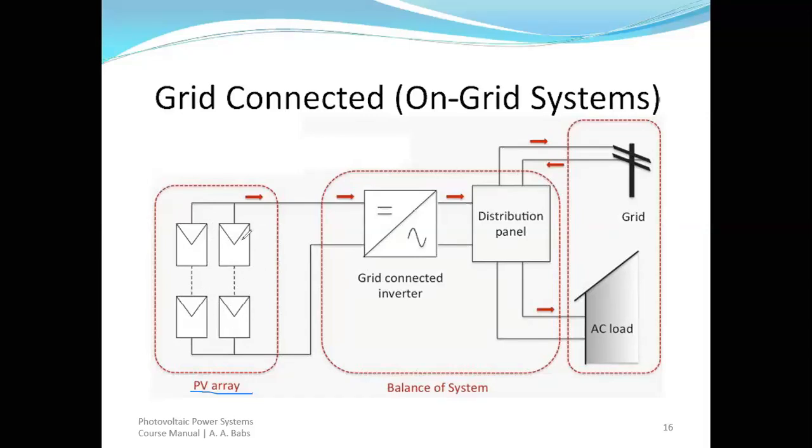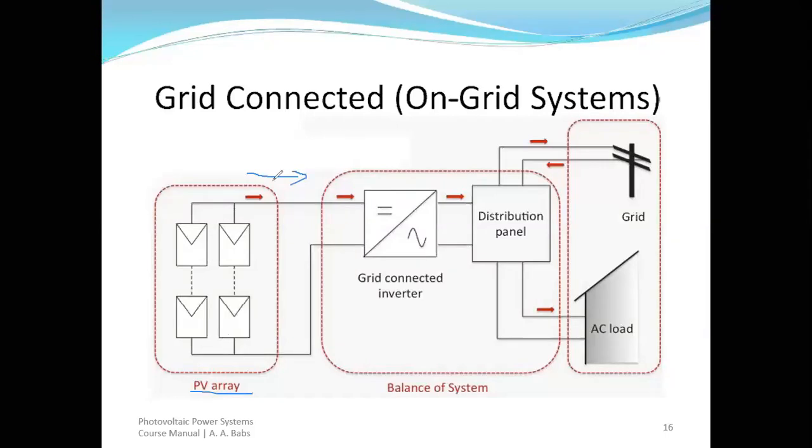The energy provided from the PV array is usually DC energy, because when the sun hits the solar array, the PV modules convert the energy of the sun into DC, direct current, electrical energy. Direct current energy is what comes out of this PV array box.